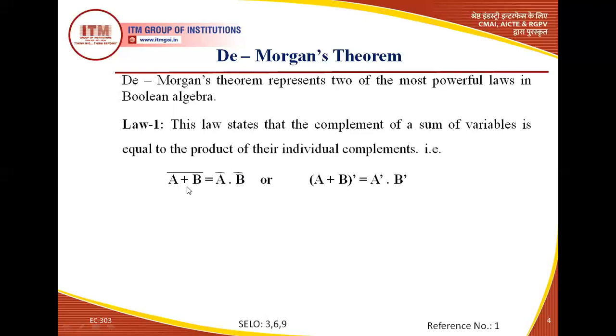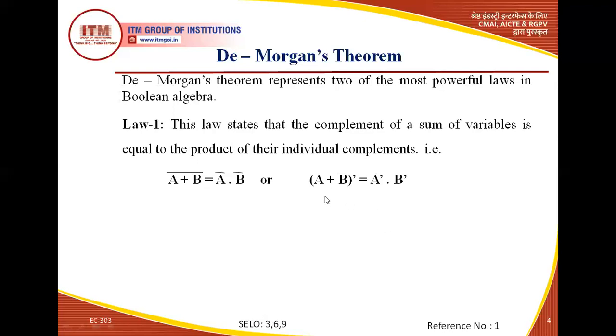So if we take the complement of the sum of the variables, it will be equal to the product of their individual complements. We can use more than two variables also. It can be written as (a plus b plus c plus d) whole bar is equal to a bar dot b bar dot c bar dot d bar. So that is the first law of De Morgan.